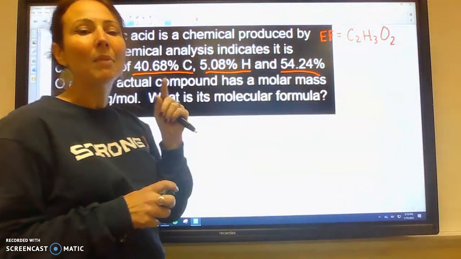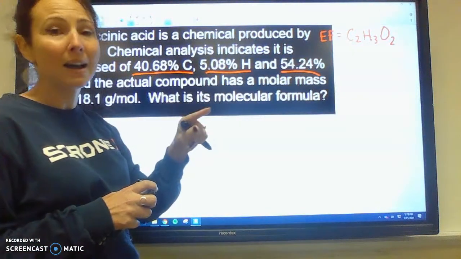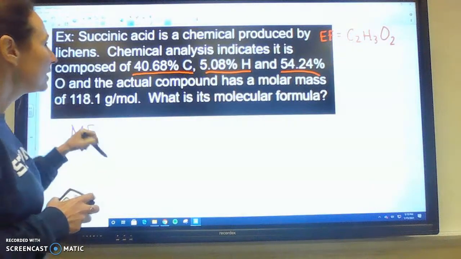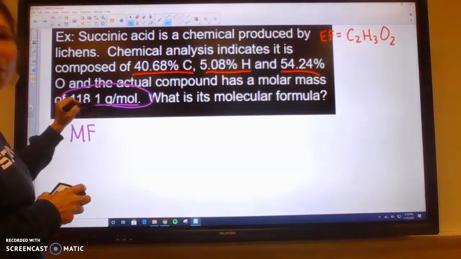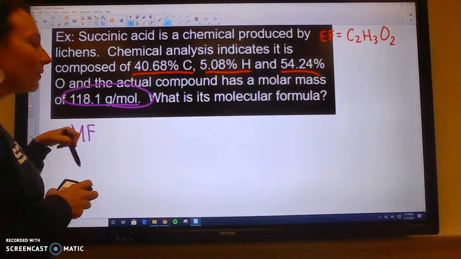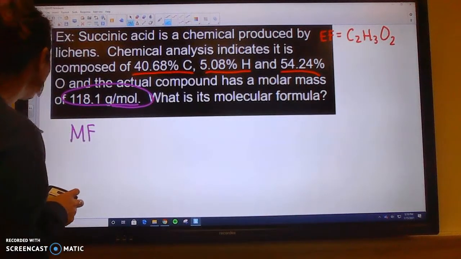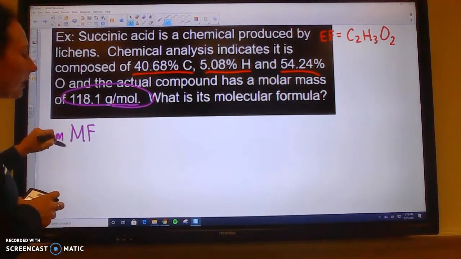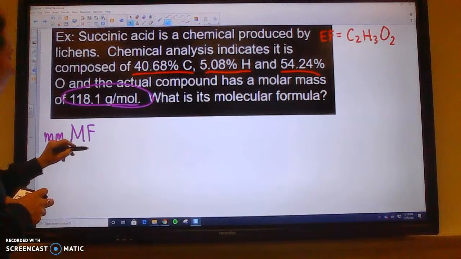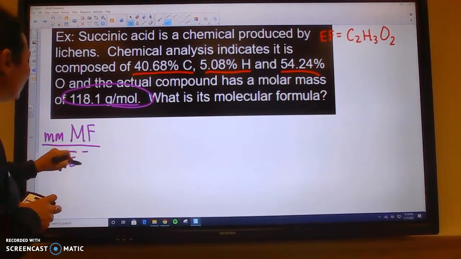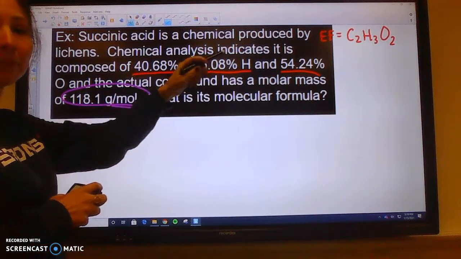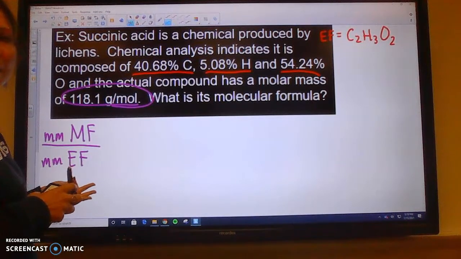My molecular formula's molar mass is always going to be given in the problem. It tells us our molar mass is right here, 118.1. That's my molecular formula. So, I'm going to take the molar mass of the molecular formula and divide by the molar mass of my empirical formula that I just solved for. That's going to give me some whole number.